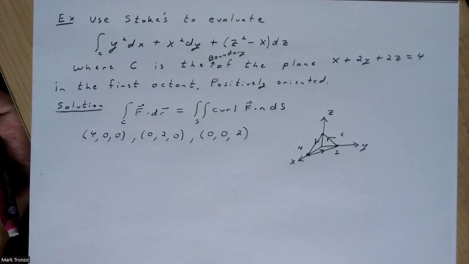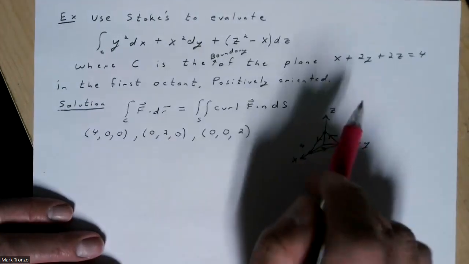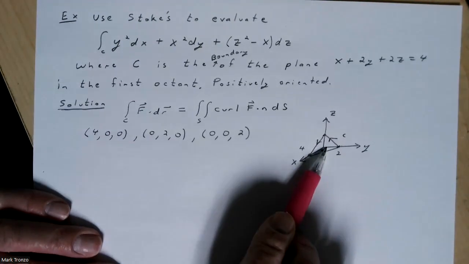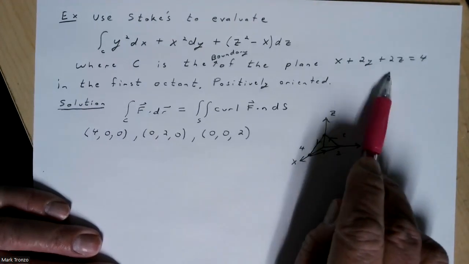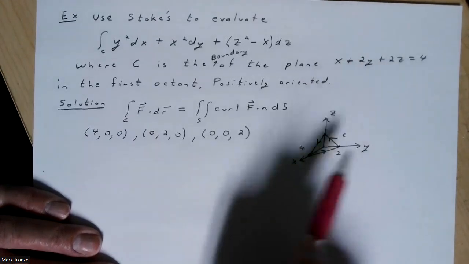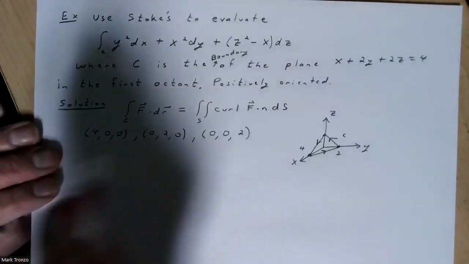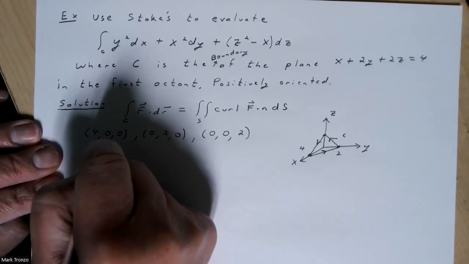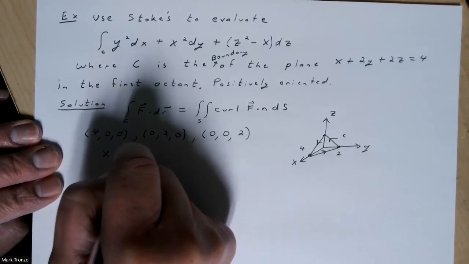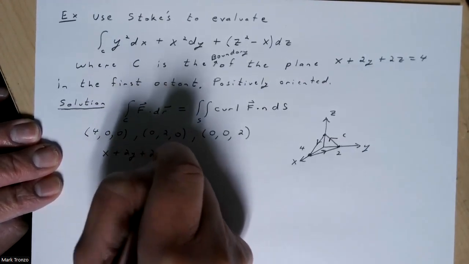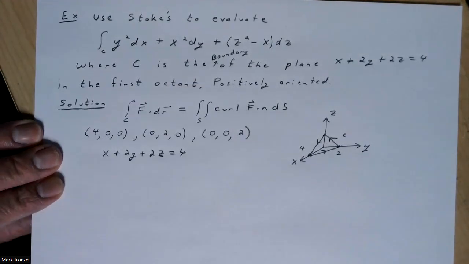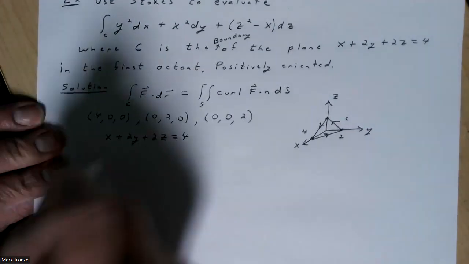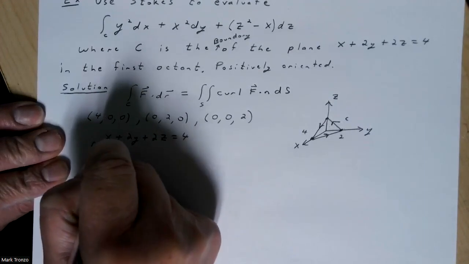But a couple of things to keep in mind. If you recall from what we did before, if you want the normal vector, you can solve your surface. So we want the normal to this surface. So go back to the surface up here. x plus 2y plus 2z is 4. So remember, solve this for z.